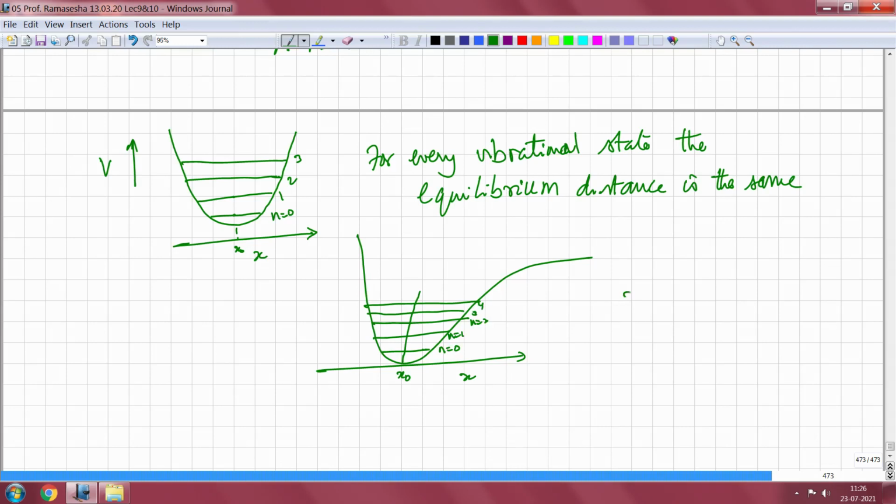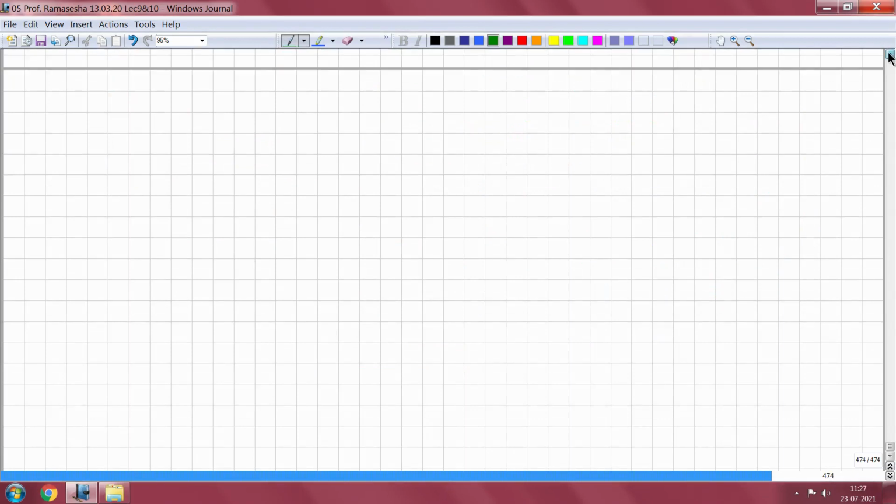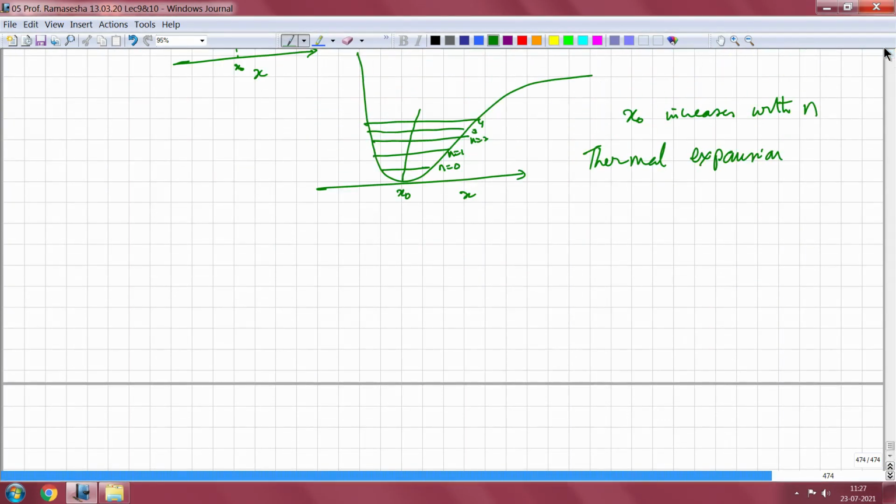So you see that x naught increases with the quantum number n, and that is the reason why you will have a thermal expansion of real solids. So it is not good to just stop at the harmonic potential, because it does not give you the correct thermal properties.